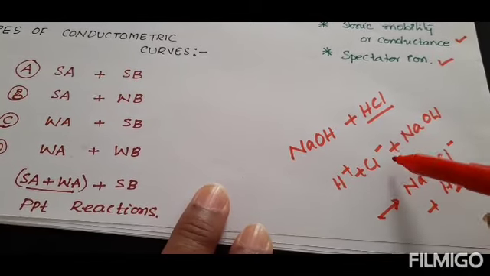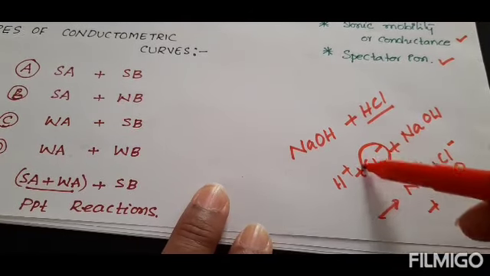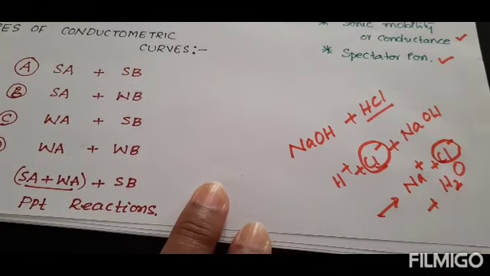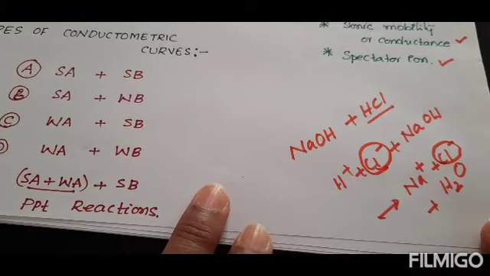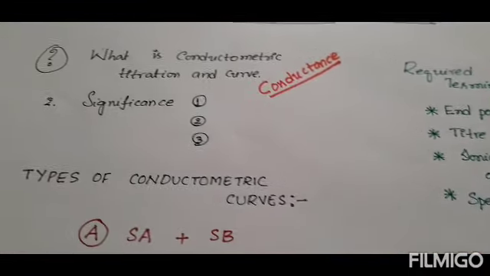If you observe, before the reaction Cl minus ions are there. After the reaction, Cl minus ion is there. Those ions are called spectator ions.